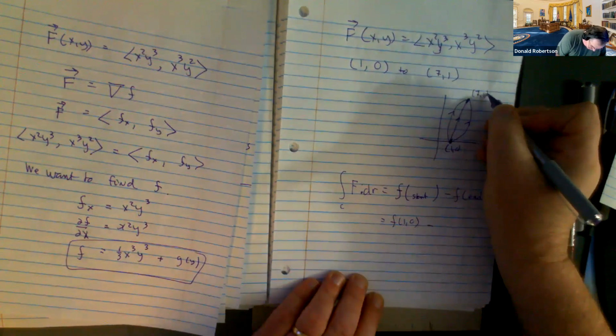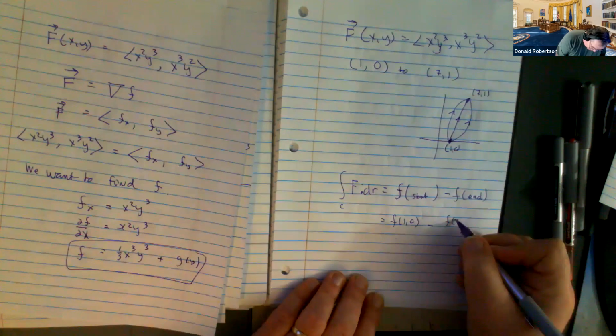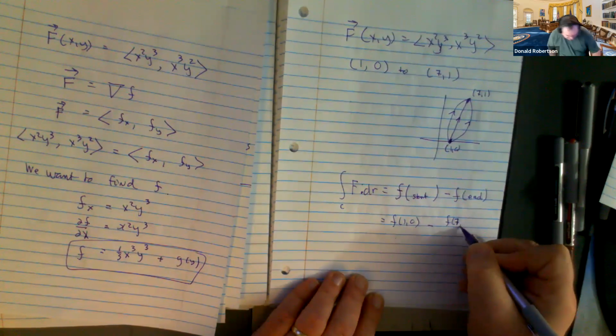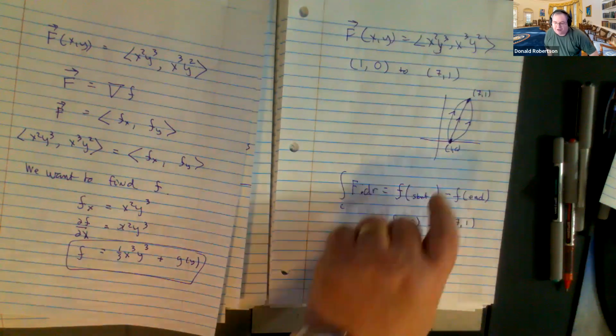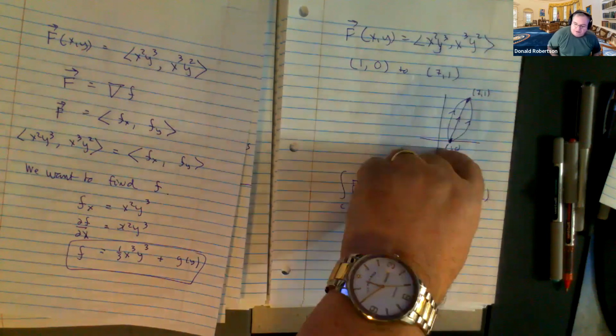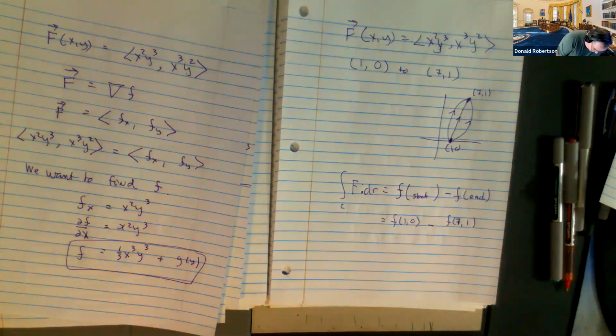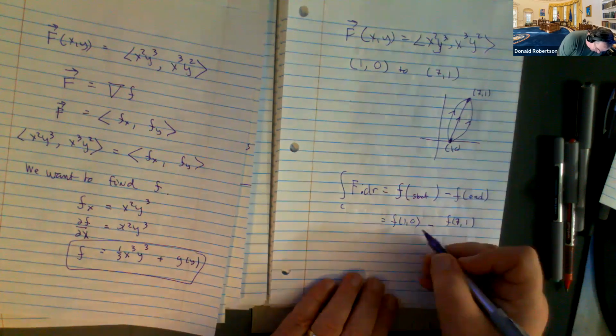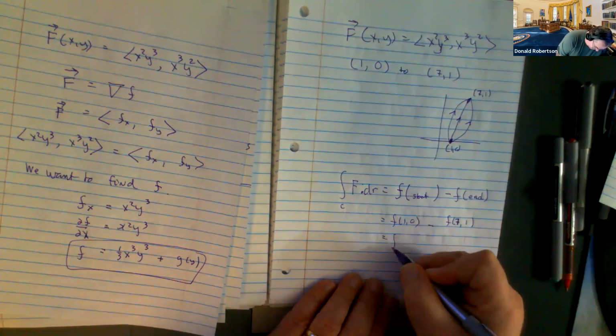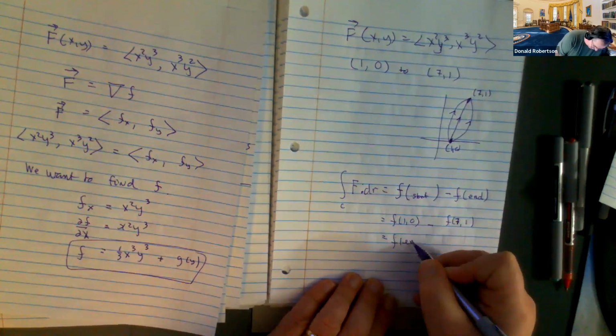So all I really need to do is evaluate the function at its potentials. These are potentials: the potential at the beginning, the potential at the end. Right? And of course, got to get this the right way around. It should be the end take away the start.